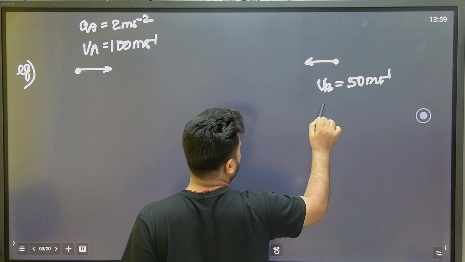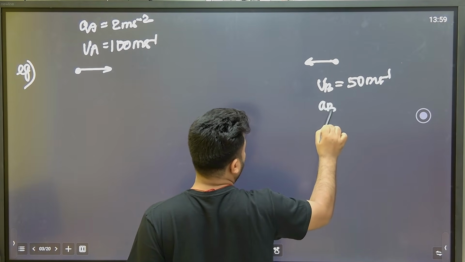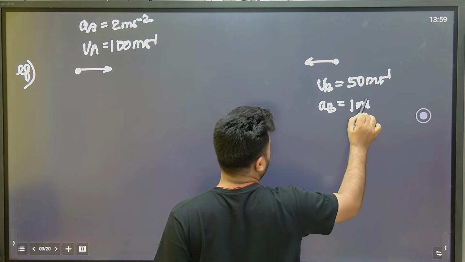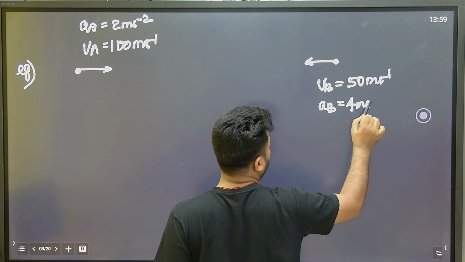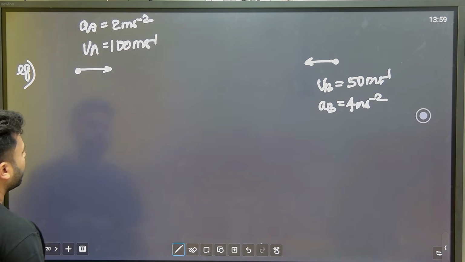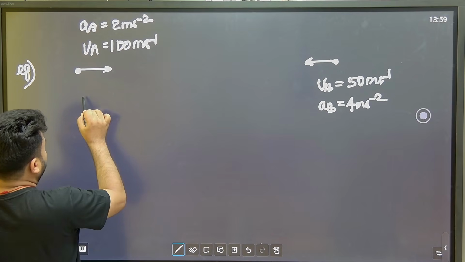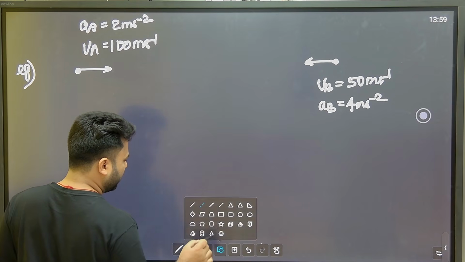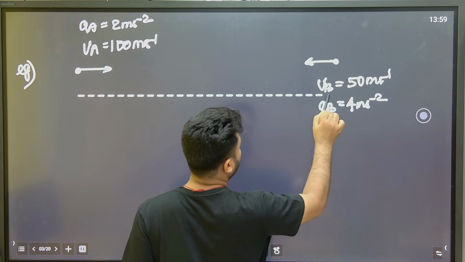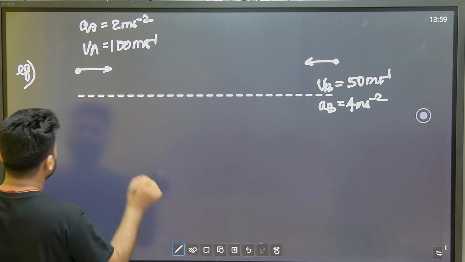And the acceleration of train B is 1 meter per second square, or 4 meter per second square. And the distance between these two trains is suppose 1000 meter.